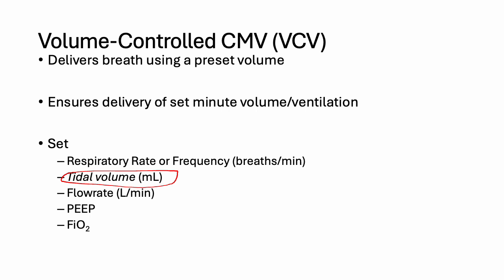Okay, the flow rate is different for most machines, but some machines, for VCV, instead of setting flow rate, you can also have the option of setting inspiratory time. Okay, so therefore the main distinction between volume controlled ventilation and pressure controlled ventilation is what is set. Okay, volume set for volume controlled ventilation, and then pressure set for pressure controlled ventilation.